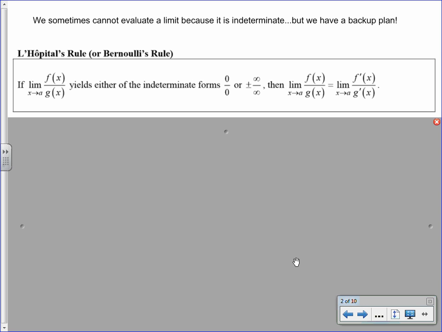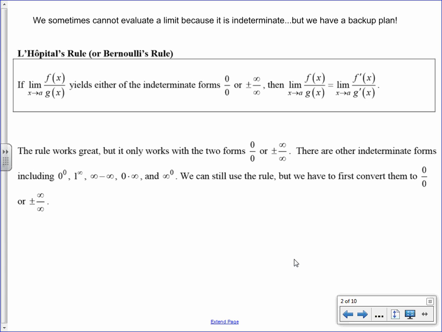Now, there are actually other types of indeterminate forms. Pi over pi? That would be one. Good try, Zach. I appreciate the effort. So 0 over 0, 1 to the infinity, infinity minus infinity, 0 times infinity, and infinity to the 0.